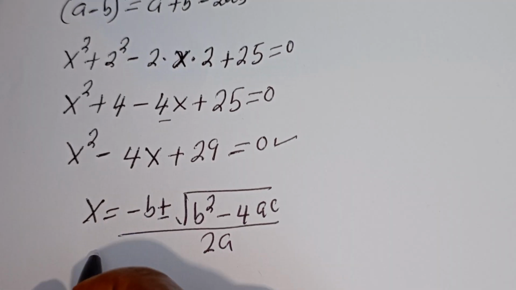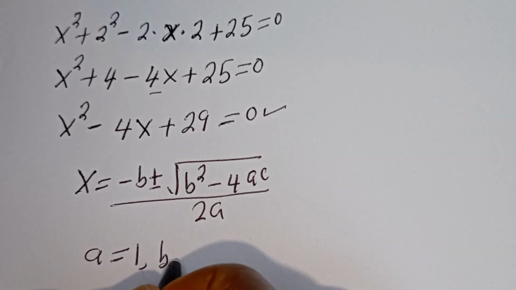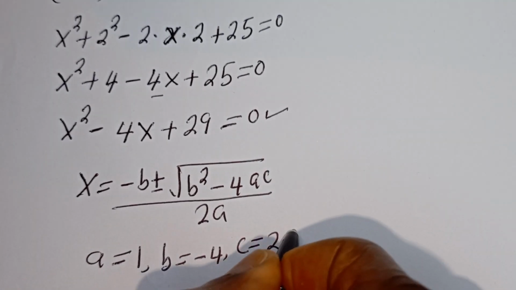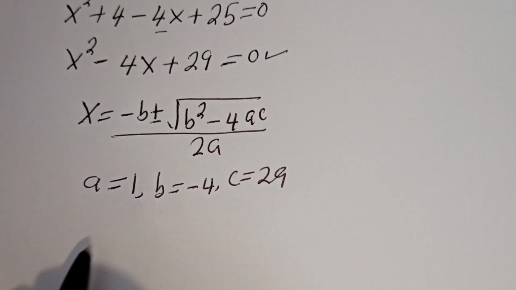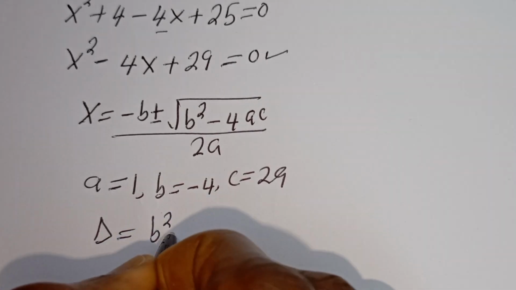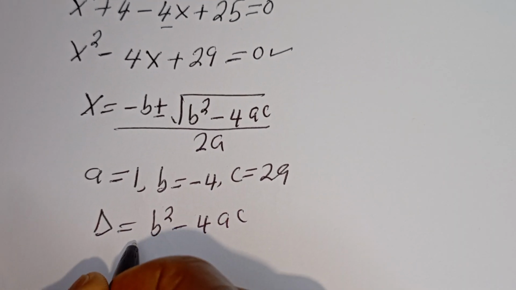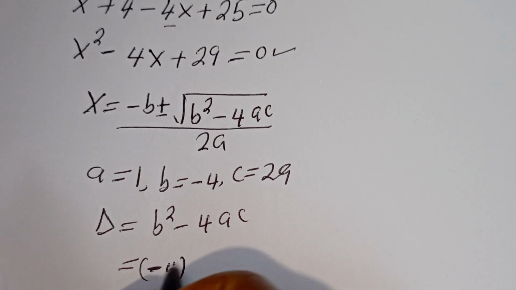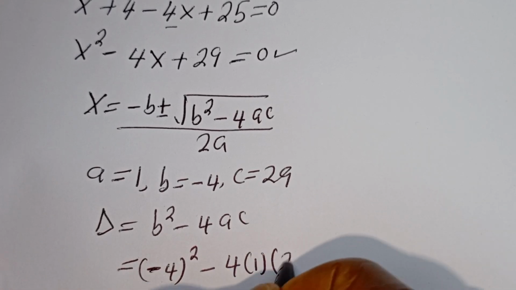And from this equation, a is equal to 1, b is equal to minus 4, c is equal to 29. But discriminant D is equal to b square minus 4ac. Then this is minus 4 square minus 4 multiplied by 1 multiplied by 29.